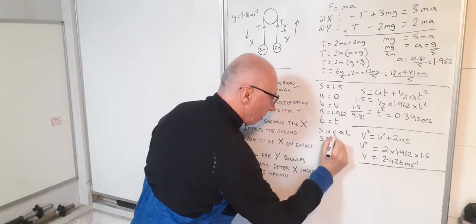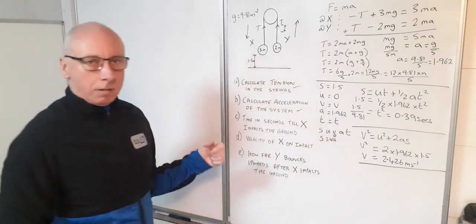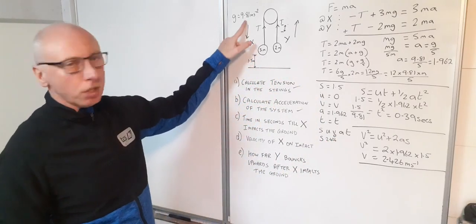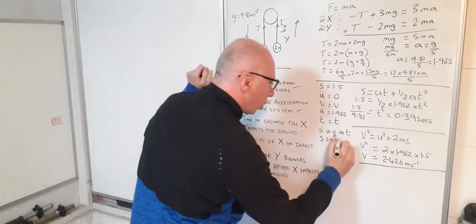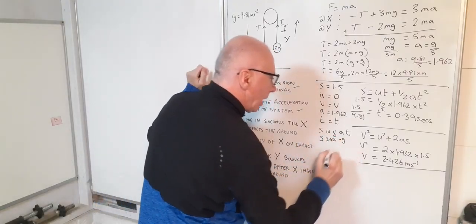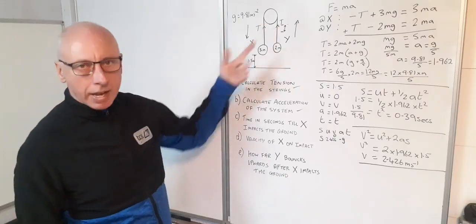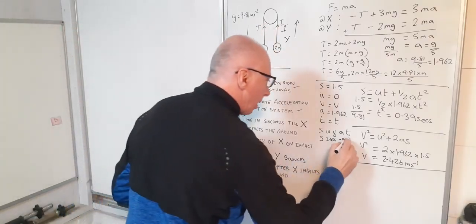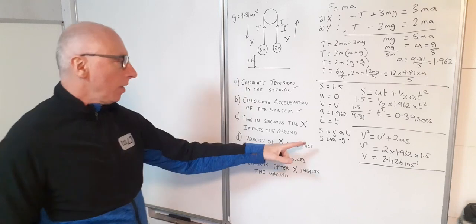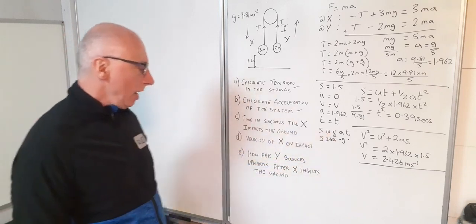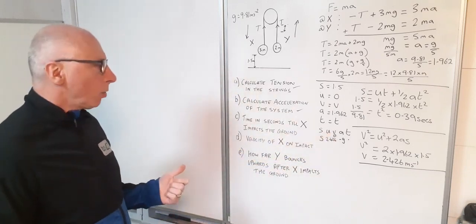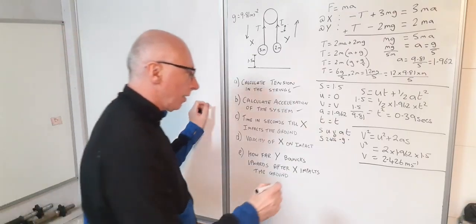So if I put a 0 there, my acceleration, that's just going to be gravity, so that's going to be minus G. And then T, I don't know how long it's going to go up there. I think I can work this out without needing the T. So with S, U, V and A, I can use V squared equals U squared plus 2AS.